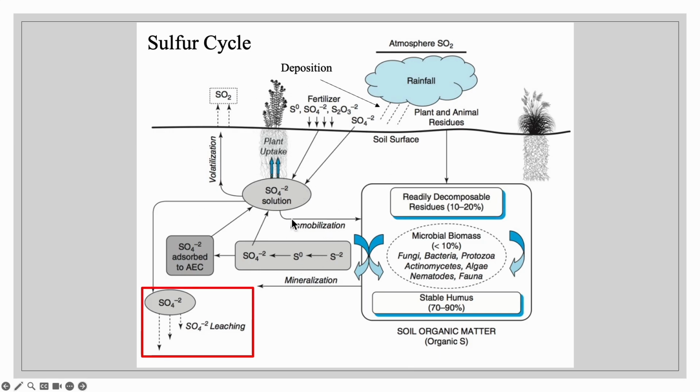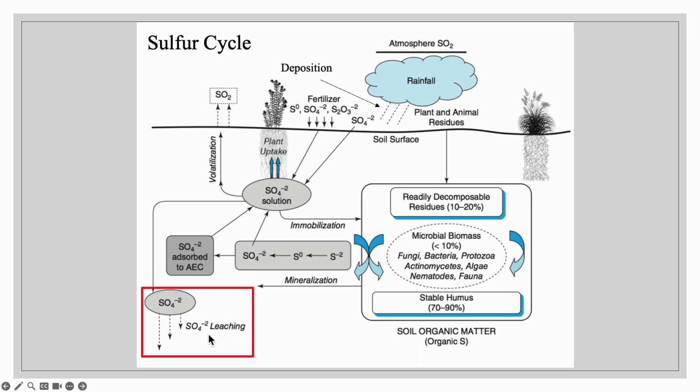All right, so again, very similar processes. We're going to apply a fertilizer. It is going to undergo some transformations to be taken up by the plant. It's going to undergo immobilization and mineralization. It needs to be adsorbed to the soil somehow so the plant can take it up. And then eventually there is an anion of these, at least the nitrogen, the sulfur, and the phosphorus, that is subject to leaching.